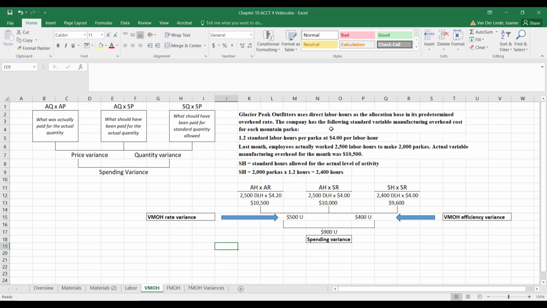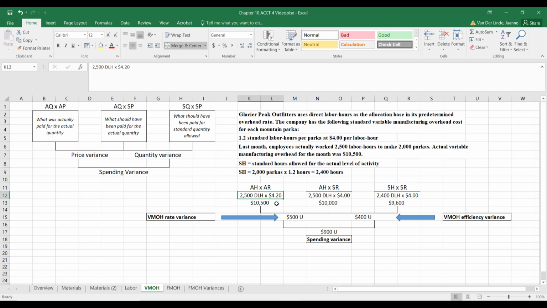But basically what that refers to is that for every direct labor hour, how much variable overhead cost should the company be incurring because of that one direct labor hour? Because basically every direct labor hour that the company uses causes other costs to be incurred. So here we're saying we should have been incurring about $4 on average in variable overhead per hour, but we can see here that we ended up incurring a little bit more of variable overhead per hour.